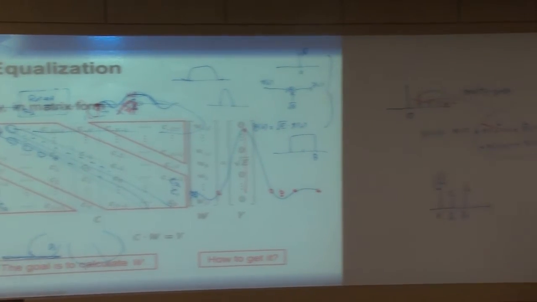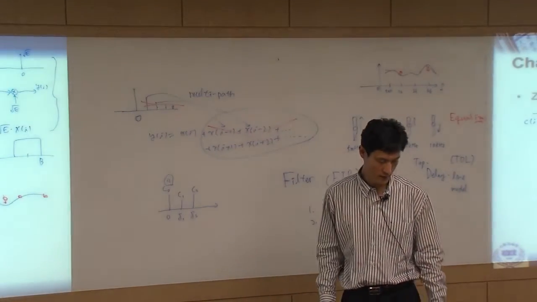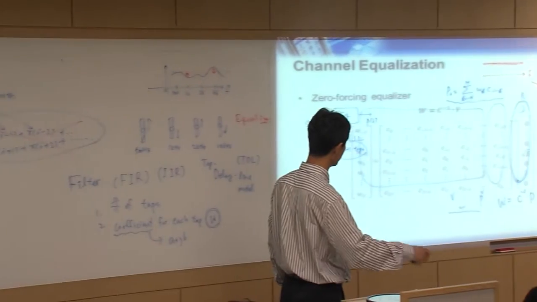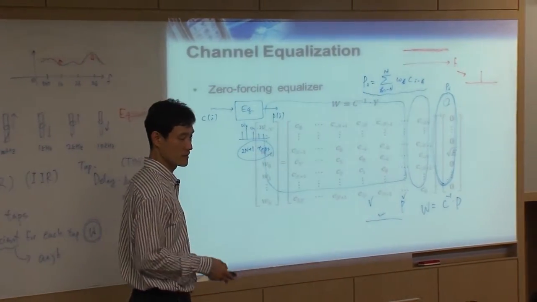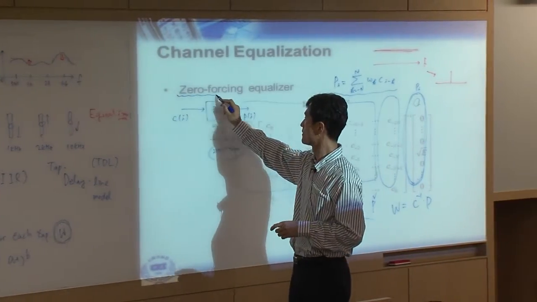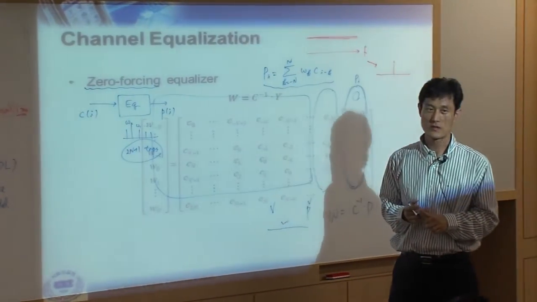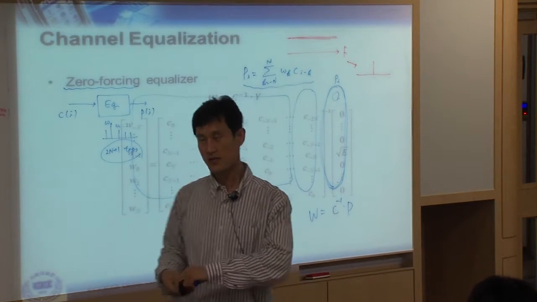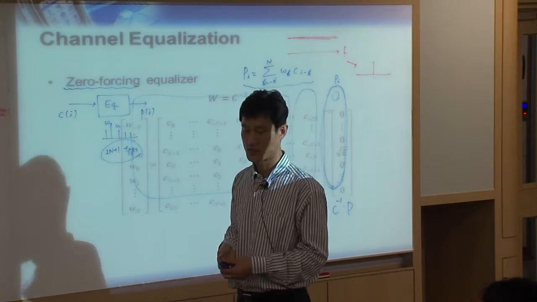So that's how to calculate the W matrix. And we call this way of calculating the equalizer matrix zero forcing. Very common word. Every time you hear about equalizer, you probably hear about zero forcing equalizer.